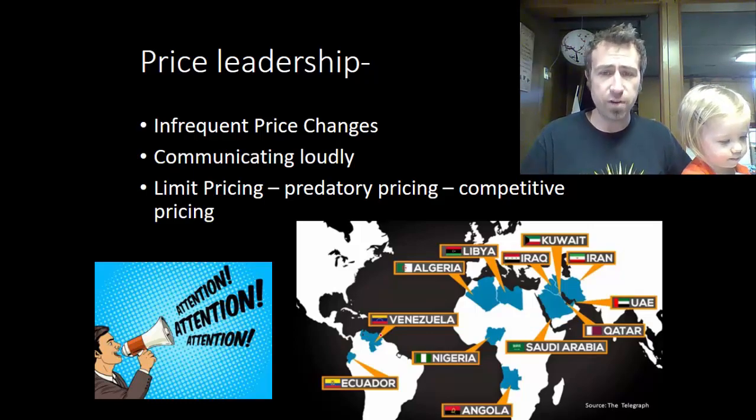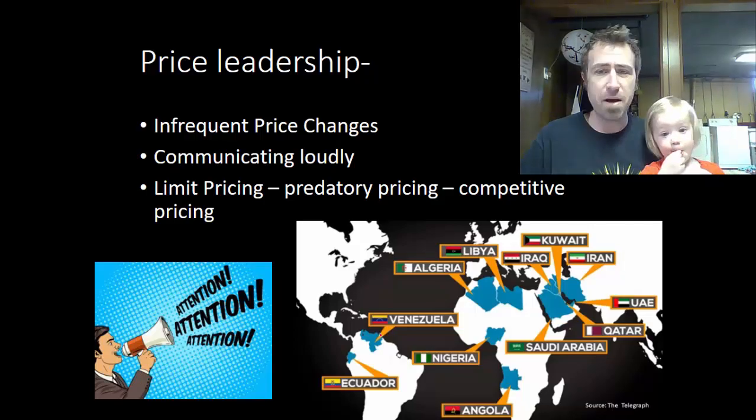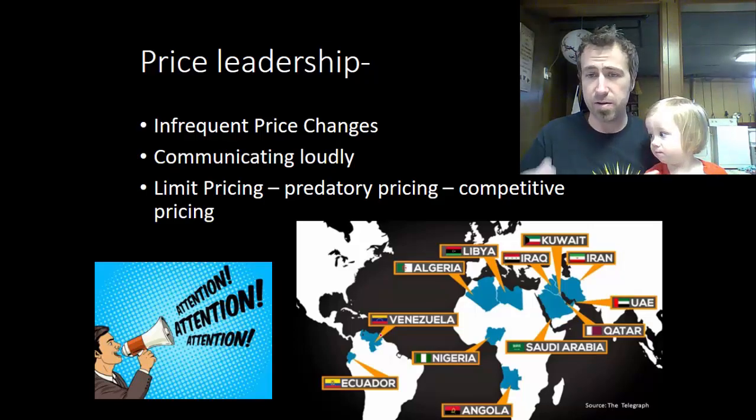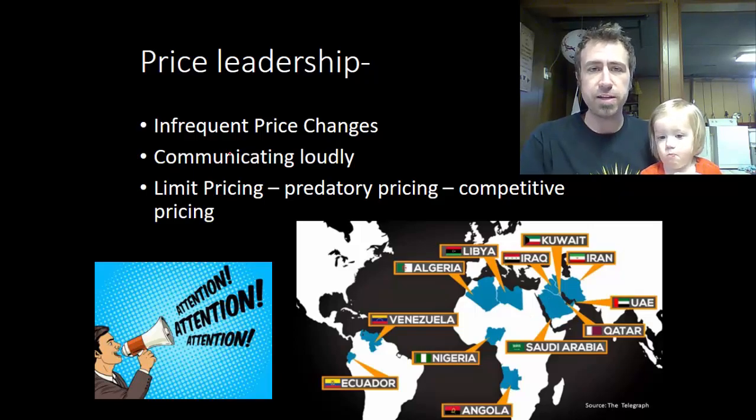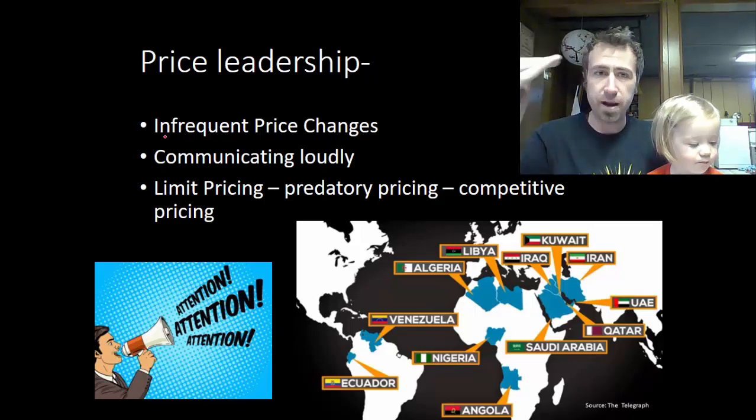Almost every country in the world has some amount of oil supply, their own oil rigs. And so there's lots of competition, but Saudi Arabia might act like an oligopoly by doing this thing called price leadership.